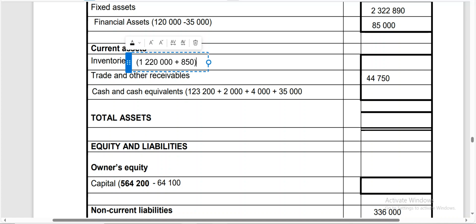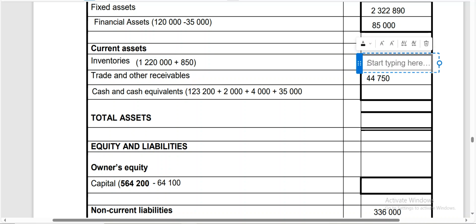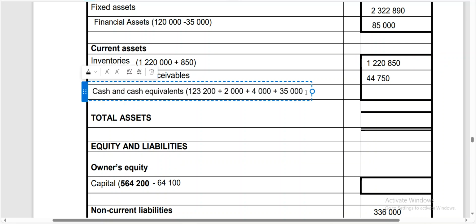And then we can also close off our inventory note, guys. We're going to say 1,220,000 plus 850. It is giving us 1,220,850. Then I can also close off my cash and cash equivalents. So let's see how this will work out.